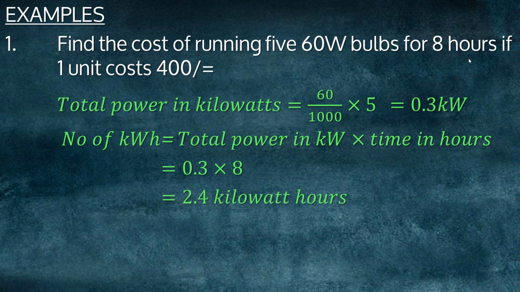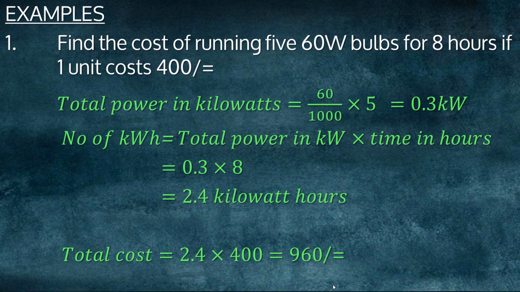And so we end up with 2.4 kilowatt hours, or you can say 2.4 units. Now, the total cost therefore becomes the number of units, which is 2.4, times the unit cost, and we get 960 shillings. That will be the amount of money that you will pay.